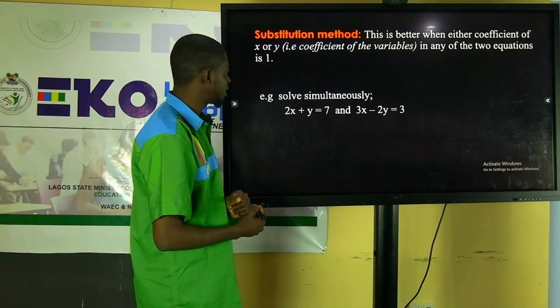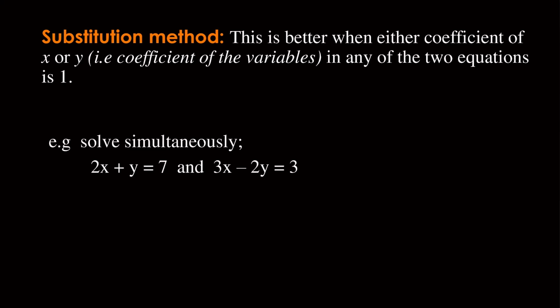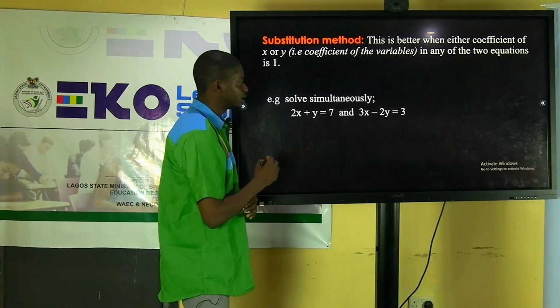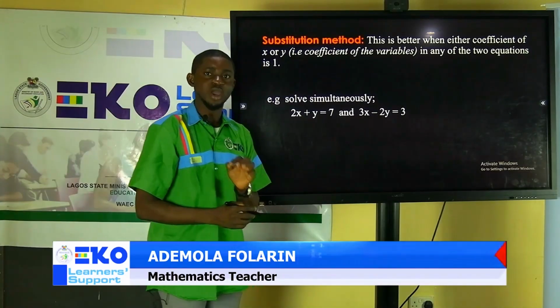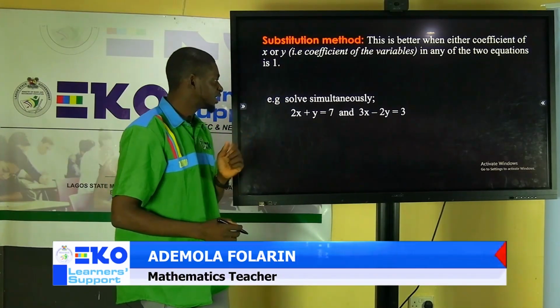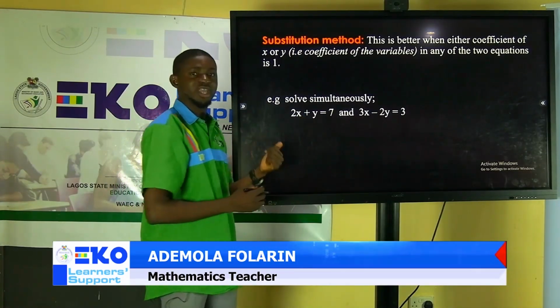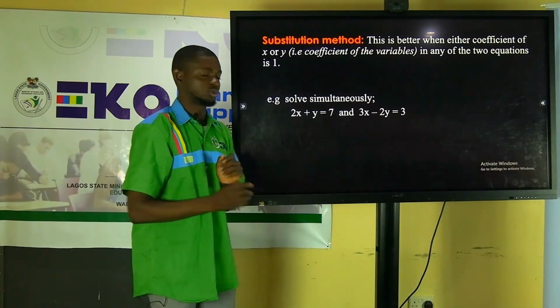Let's take, for example, here. We are to solve this simultaneously. Now, we have 2x plus y equals 7, and 3x minus 2y equals 3. Interestingly, in the first equation, we have the variable y standing on its own.